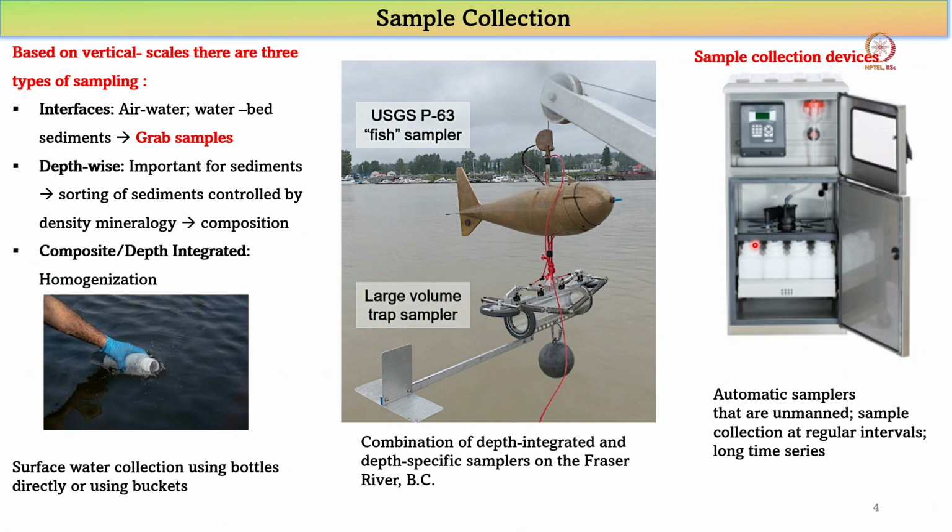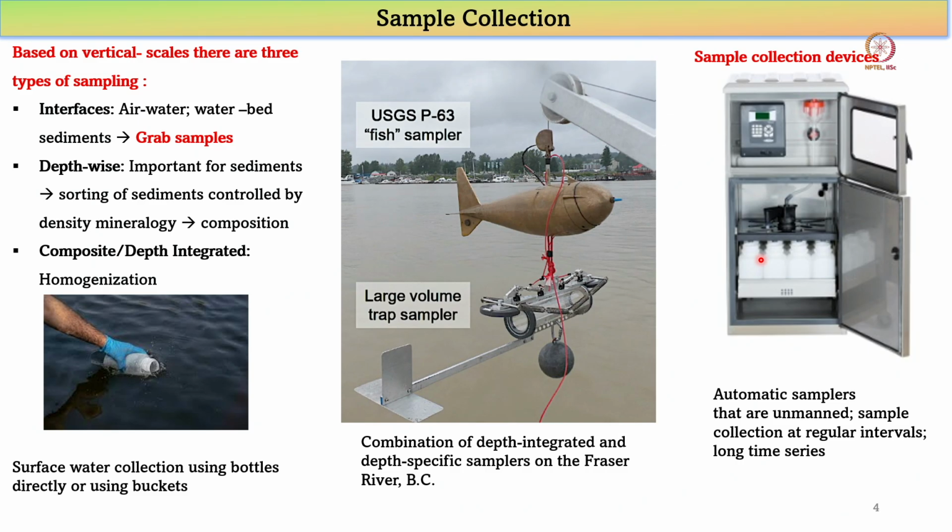But how this is important is that using these kinds of unmanned, automatic systems, you can collect water at a very high frequency, and you can leave it for a few days, come back, remove this tray, okay, put in new bottles, and then you can again leave it for another few days.